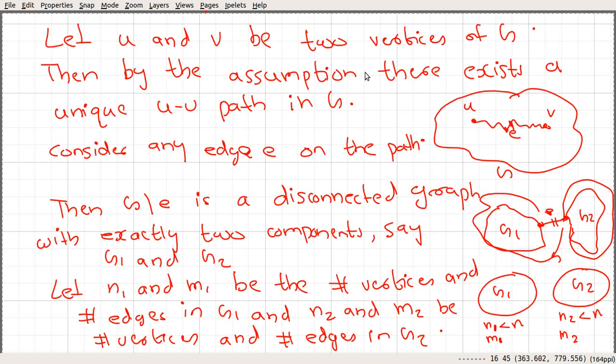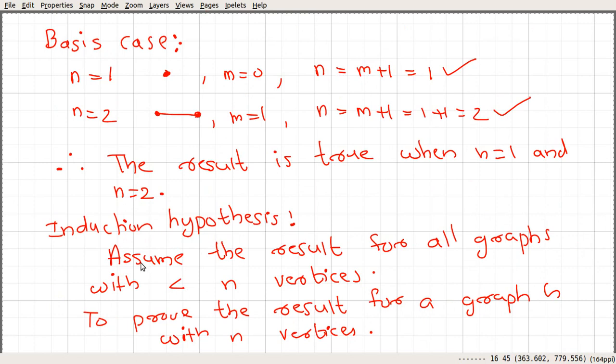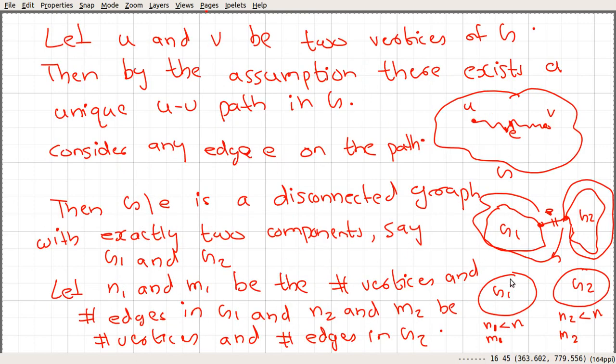Now we can apply our induction hypothesis. We assume that the result is true for all graphs with less than n vertices. So G1 and G2 satisfy the statement of the theorem.